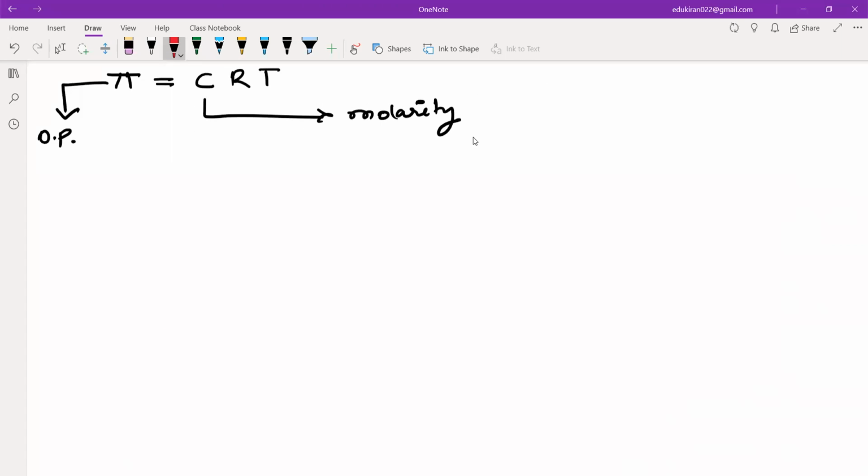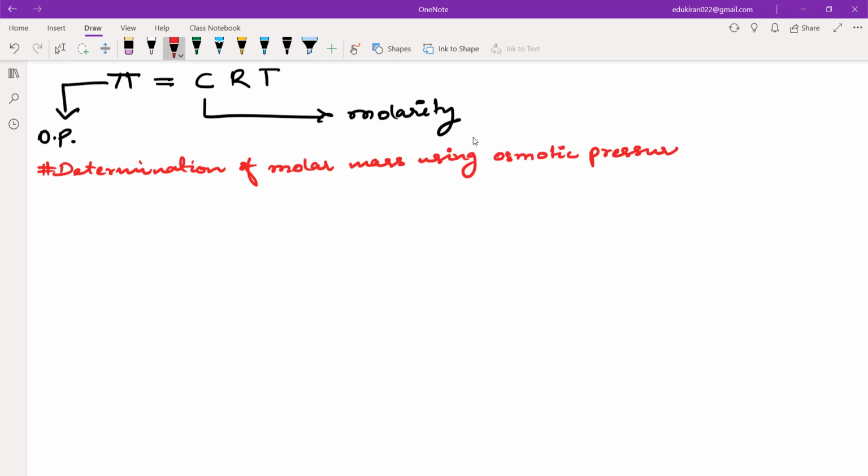Now write the topic: determination of molar mass using osmotic pressure. Please write with me. We all know pi is equal to CRT.